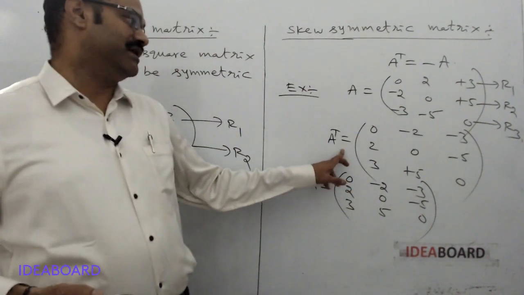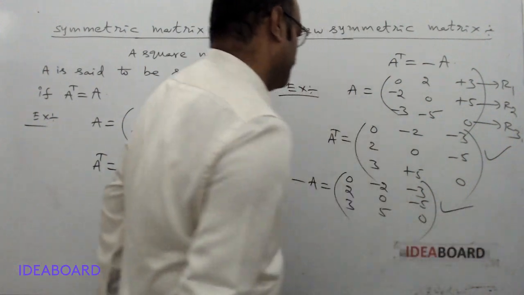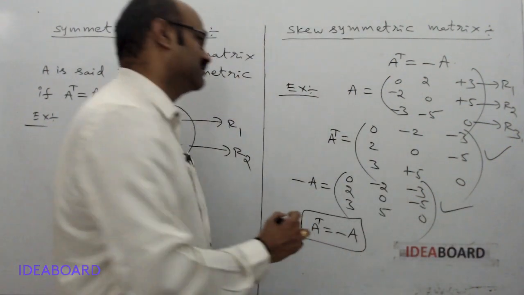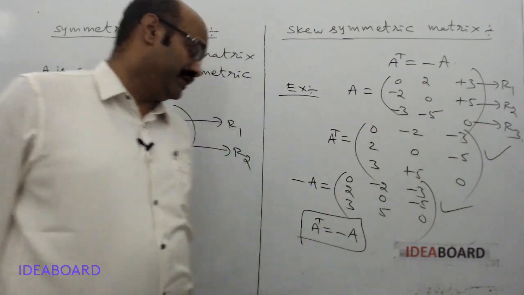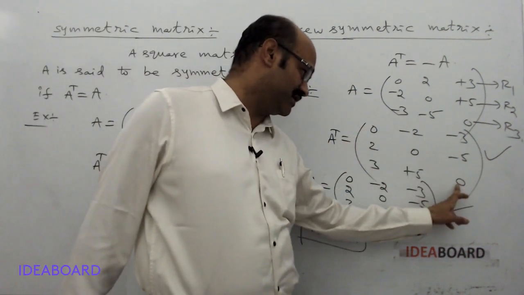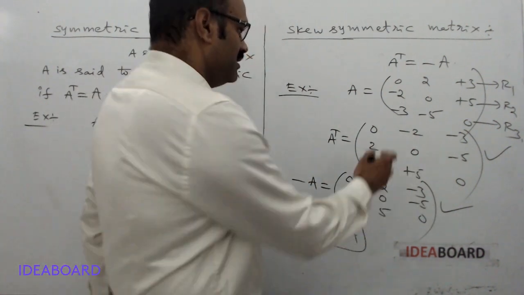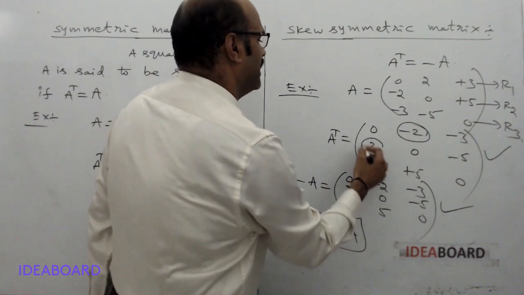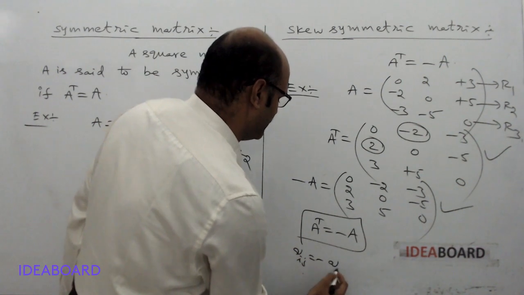Therefore here we say that A transpose is always equal to minus A. Since A transpose equal to minus A, the matrix A is said to be skew symmetric matrix. In a skew symmetric matrix, all the principal diagonal elements are equal to 0. Also, here this is A12, this is A21. Aij is always equal to minus Aji.